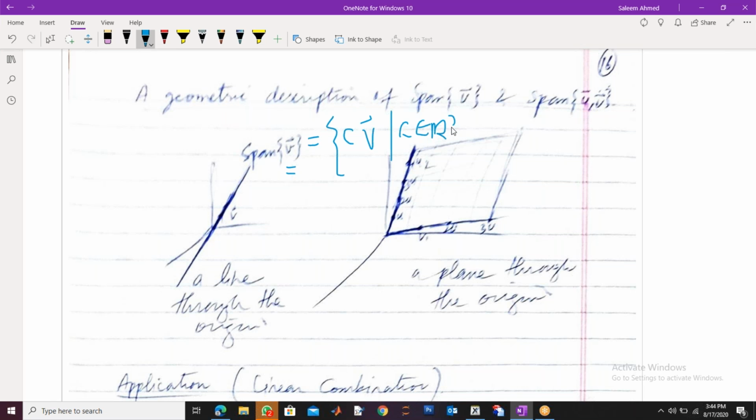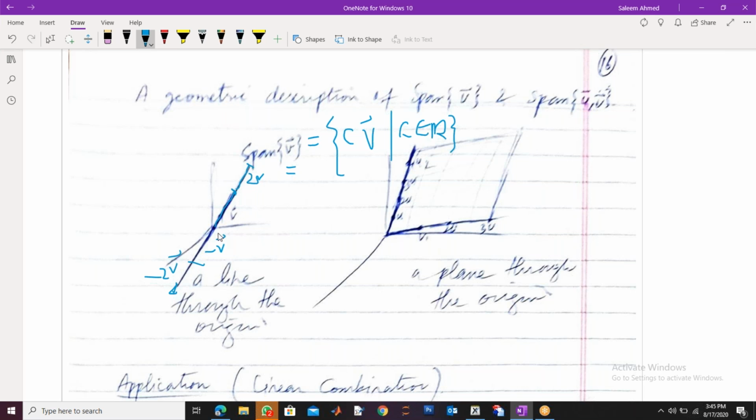If this is your v and I multiply by 2, it becomes double in the same direction. This becomes 2v. If I go to the opposite side, it becomes minus v. If I go the opposite side and double the length, it becomes minus 2v.